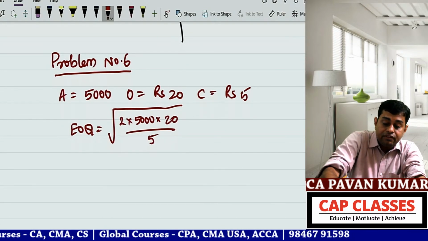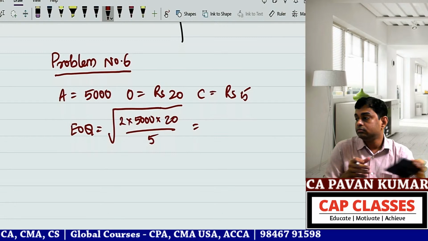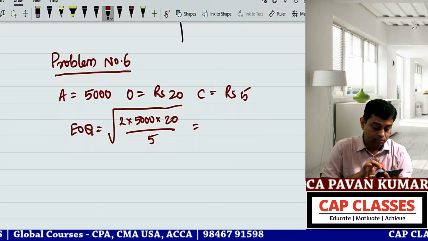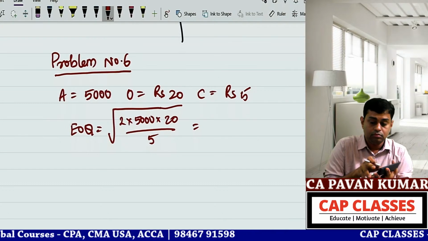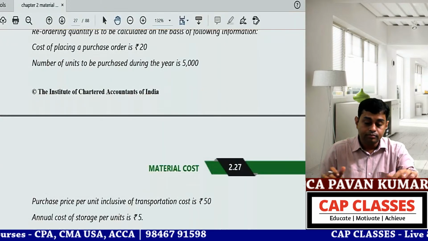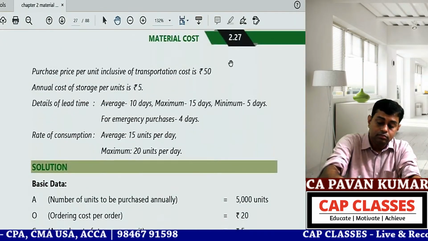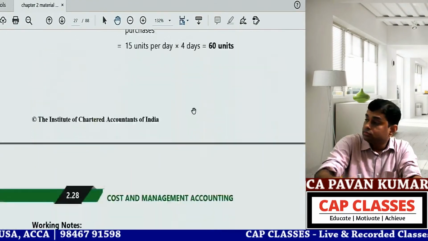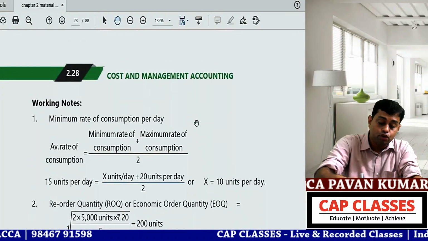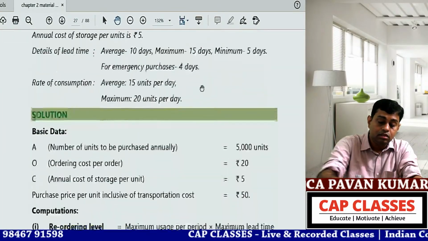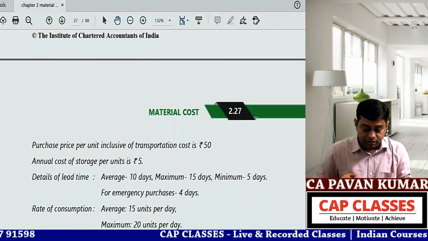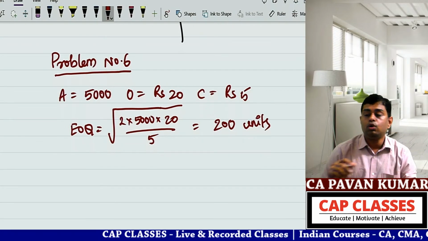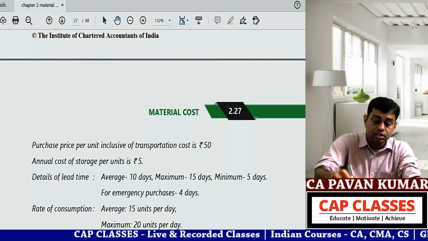So can you simplify this and tell me? I am waiting for your answer. What EOQ have you got? If anyone says 200, that is the correct answer. Very good. EOQ is 200 units.